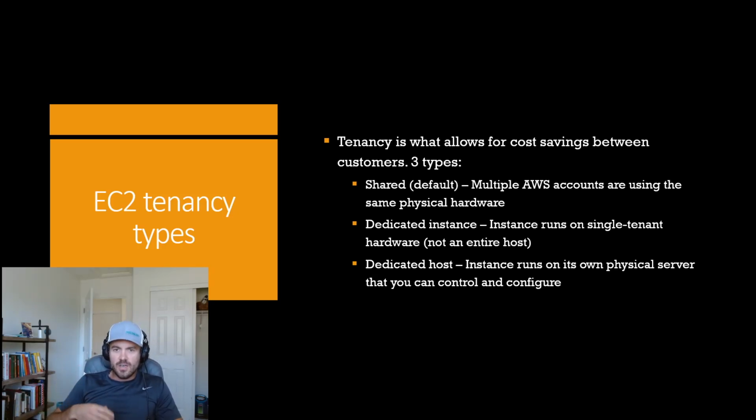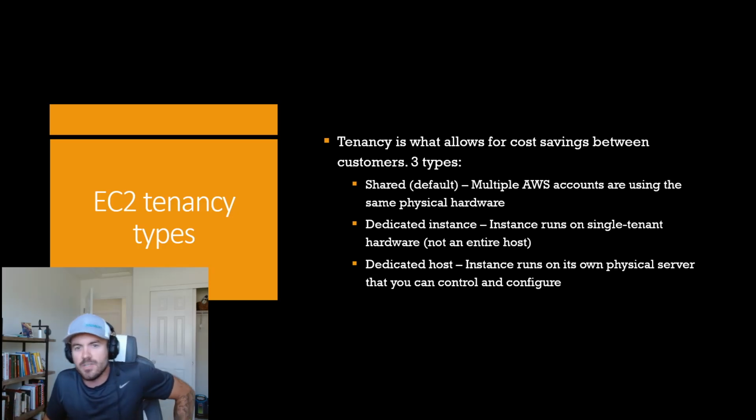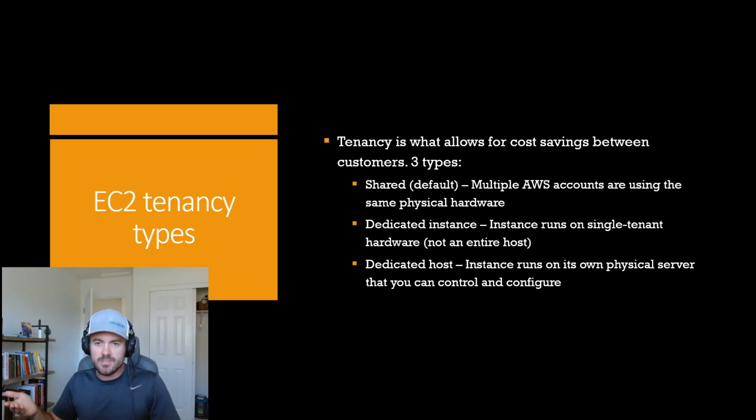And like I mentioned earlier, it's what allows for the substantial cost savings between customers, because you've got hundreds of thousands, if not millions, of customers over time using the same AWS hardware as they start, stop, allocate, deallocate instances. And we're all just kind of pitching in to pay for those servers that AWS purchased and is maintaining. All right, but there's three types of tenancy.